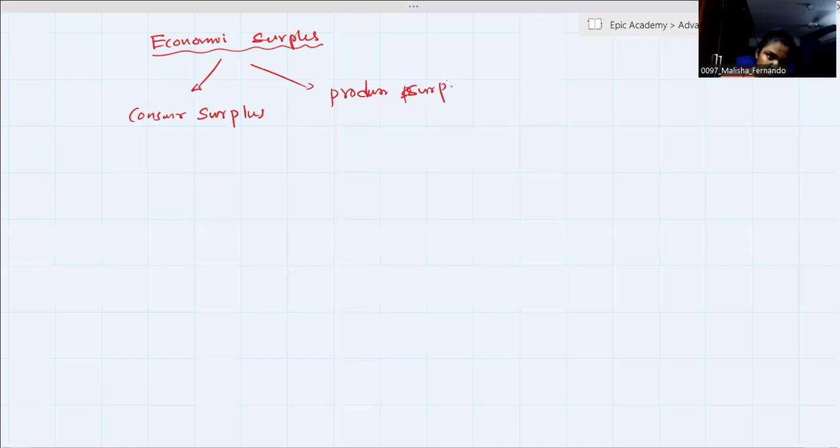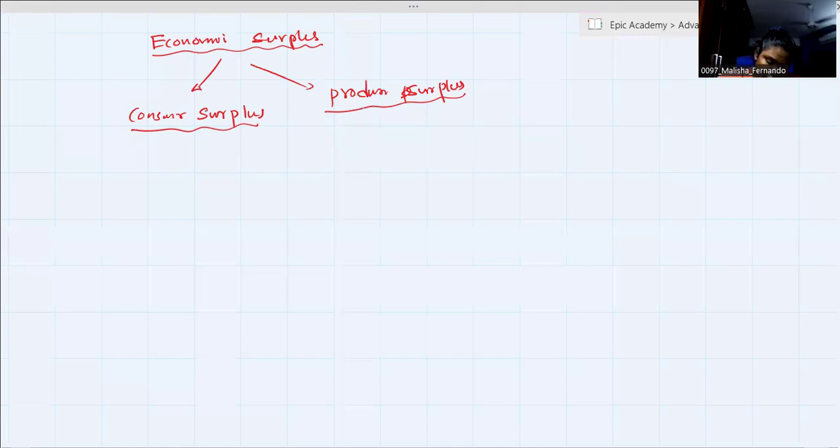Economic surplus contains consumer surplus and producer surplus.